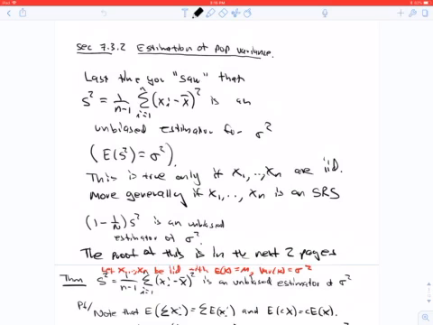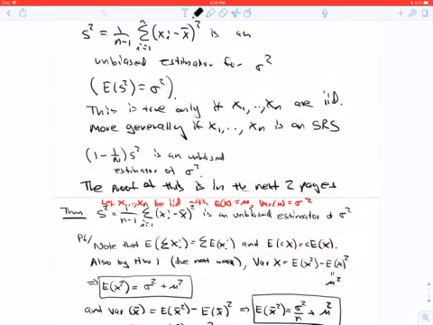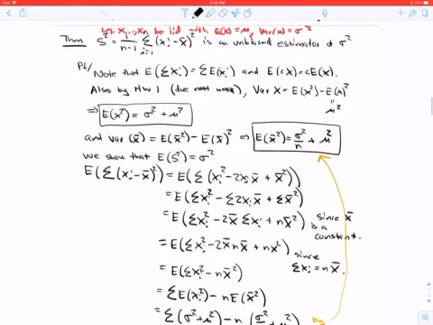But I sort of didn't explicitly mention that this is only true when X1 to Xn are IID. More generally, if X1 to Xn is an SRS, there's in fact an extra term that you have to multiply S squared by for it to be unbiased, namely 1 minus 1 over capital N. And the proof of this we're going to see right now.